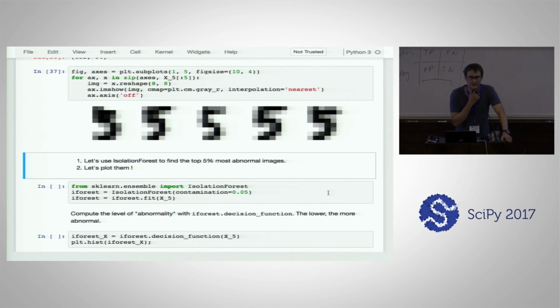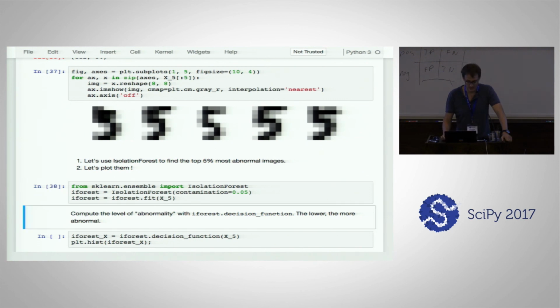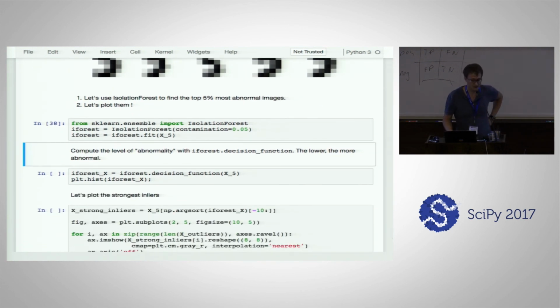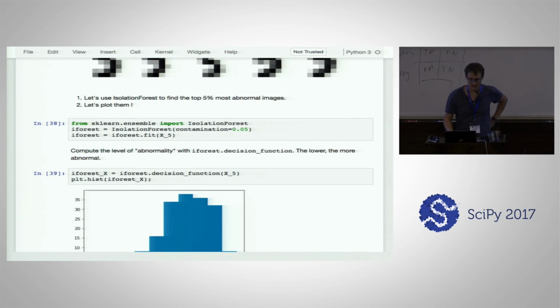Let's use isolation forest to score each of these images and see which were the ones that are the most normal and the ones that are the most anomalous in the sense of isolation forest. I'm just going to fit the model here and then use the decision function.